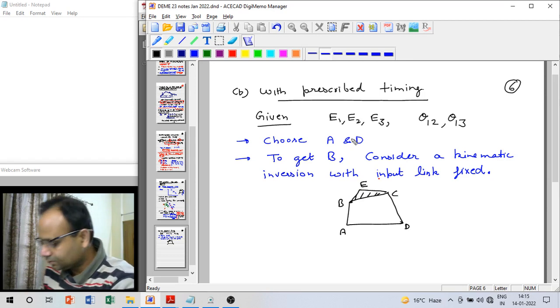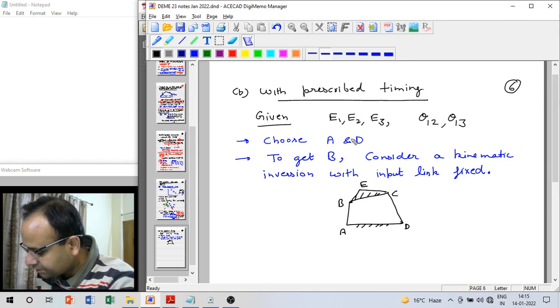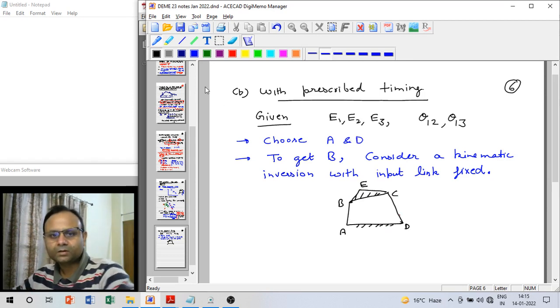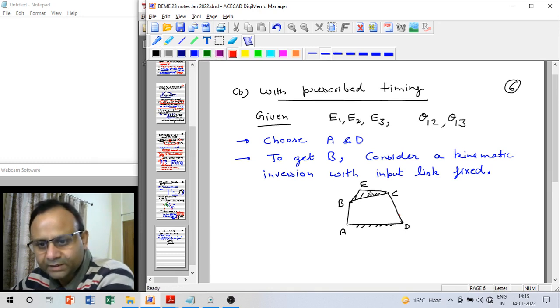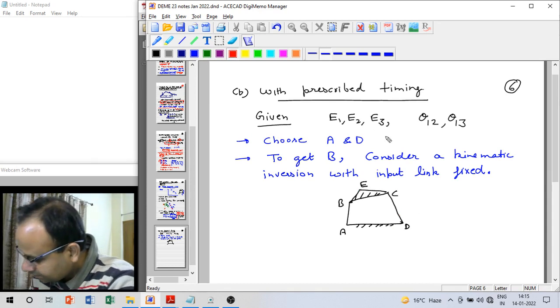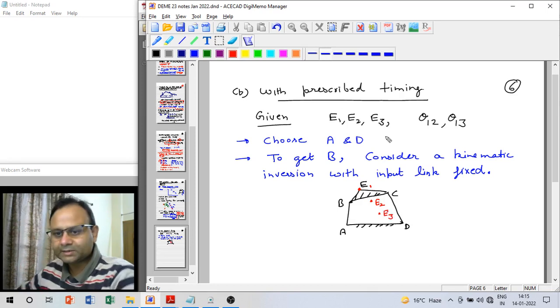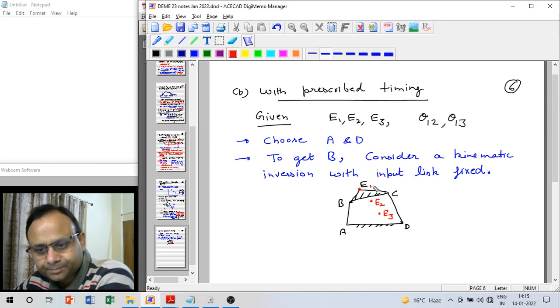Normally we have AD fixed, and corresponding to this, we are given three positions of E. Say we can call them E1, there is another position E2. I just want to put some points here: E1, E2, E3.